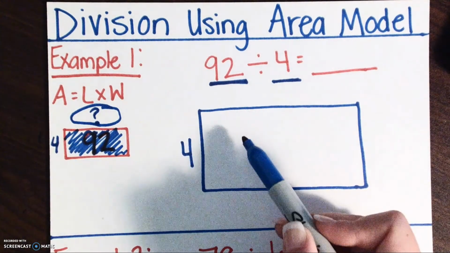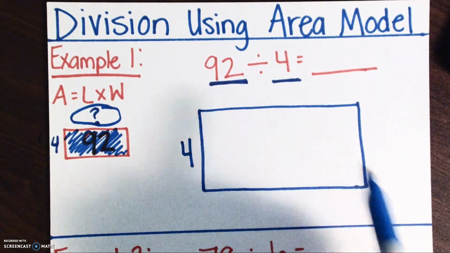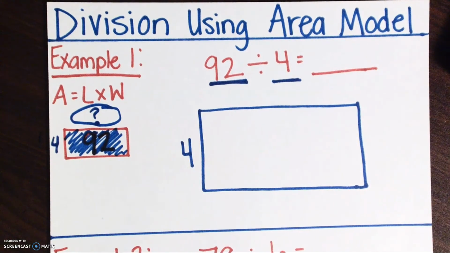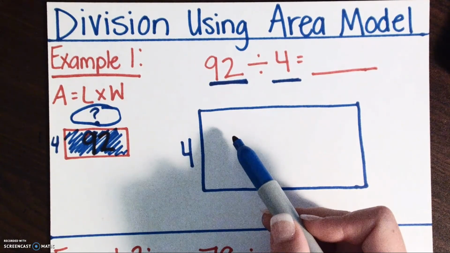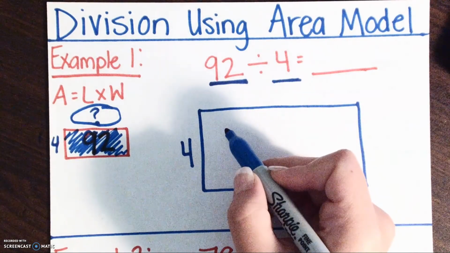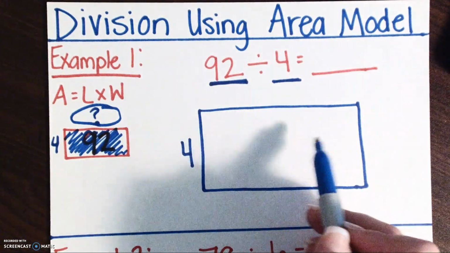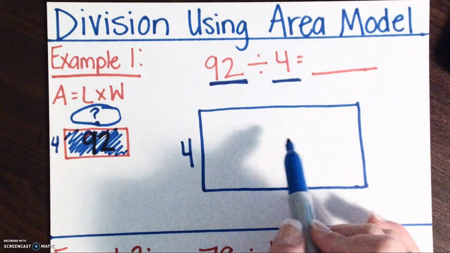We've got to work through this, starting from the inside and going out. For this particular problem, what can we multiply 4 by? What's an easy, simple multiplication problem we know? We're trying to make the pieces of this box equal 92, and this will make more sense as I go through the problem.